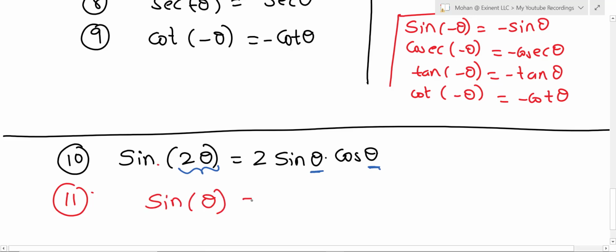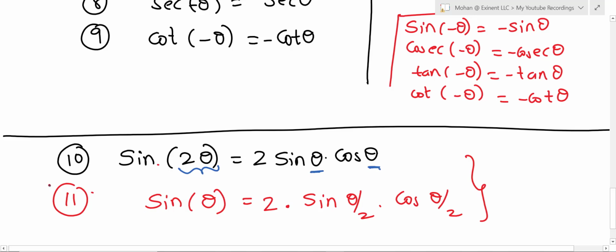The same formula applies: whenever half the angle of 2 theta has come, this will become 2 times, and in theta, what is the half angle? Theta by 2. So that is 2 sine theta by 2 into cos theta by 2. This is how we would be able to write the half angle formulas.